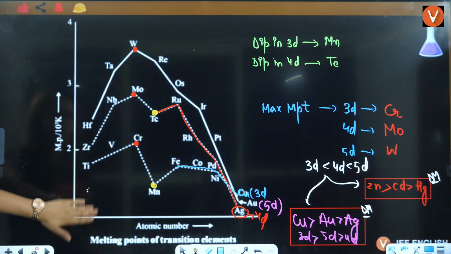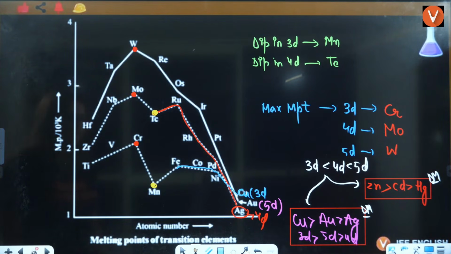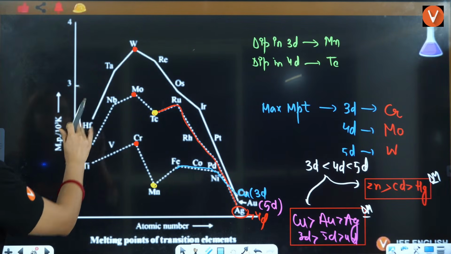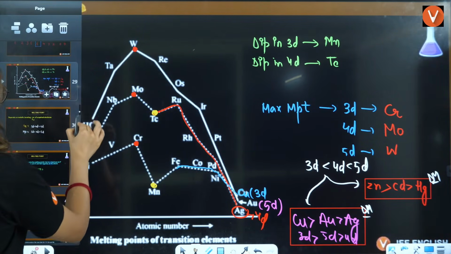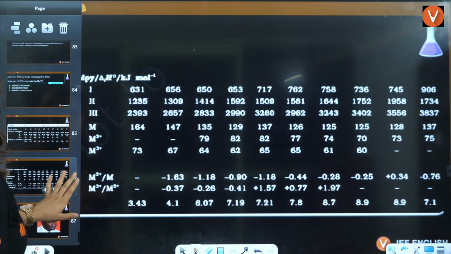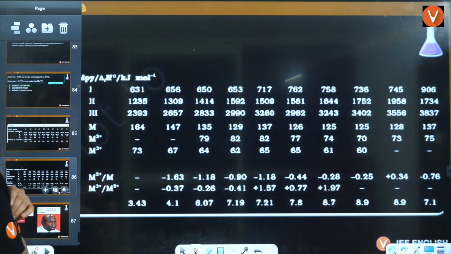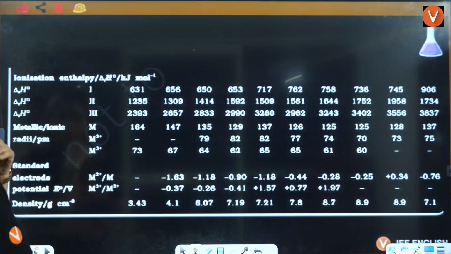It is not written over here. Let's see this from the table. From the data, we have to see whether the data of melting point is here or not.